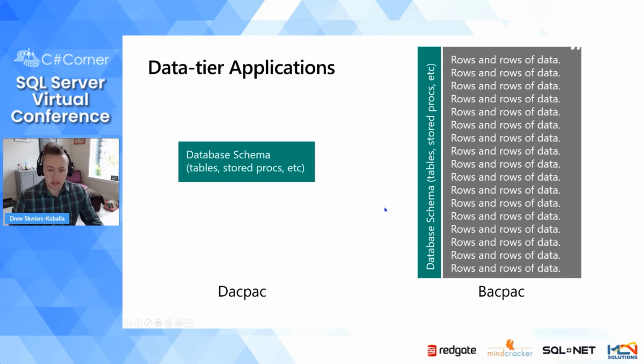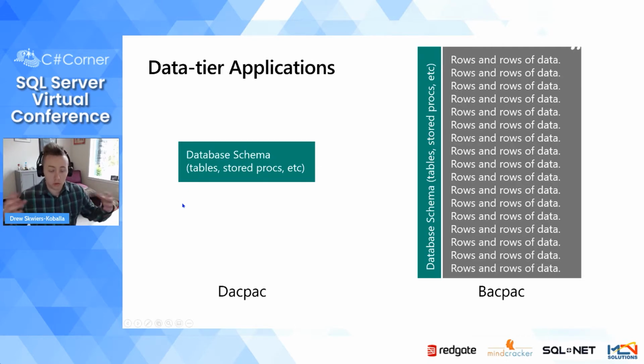That database that's a part of your application has a state associated with it. And so data tier application artifacts, the two primary ones, a DACPAC and a BACPAC, help us keep that under control. The DACPAC is just the schema, just those objects.